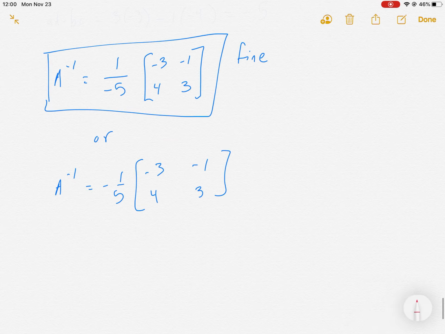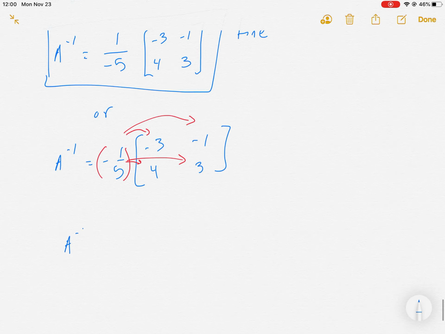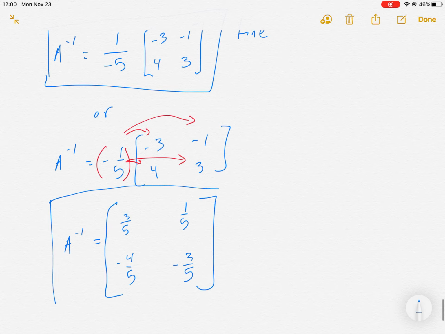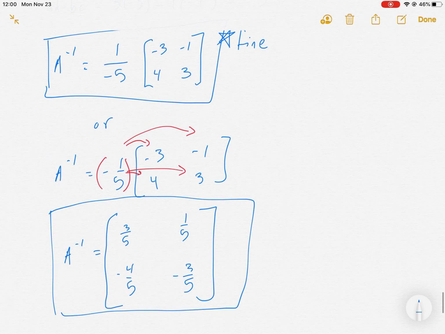So I'm actually going to take that -1/5 and distribute it using scalar multiplication. So then my final answer becomes +3/5, +1/5, -4/5, and -3/5. So if you prefer that, that's okay. I think that this other one is a little bit cleaner to write out, and it displays the structure of the inverse, but either one is fine.